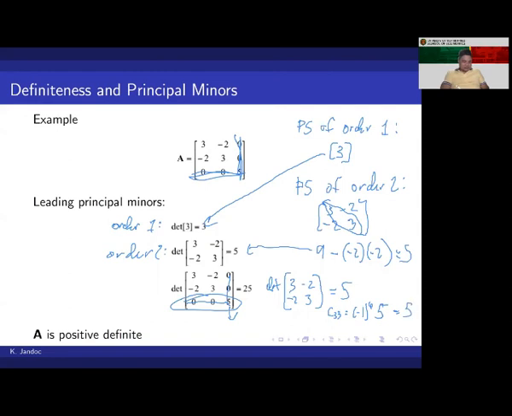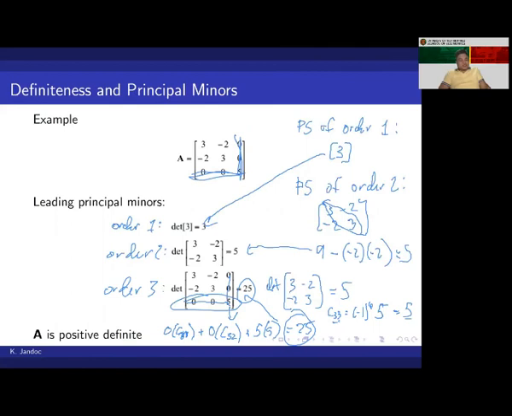So the determinant of this matrix is 0 times the cofactor C31, plus 0 times the cofactor C32, plus 5 times C33, which is 5 times 5. So therefore, this is equal to 25, the same as this 25 over here. Now we have found all leading principal minors of this matrix A.